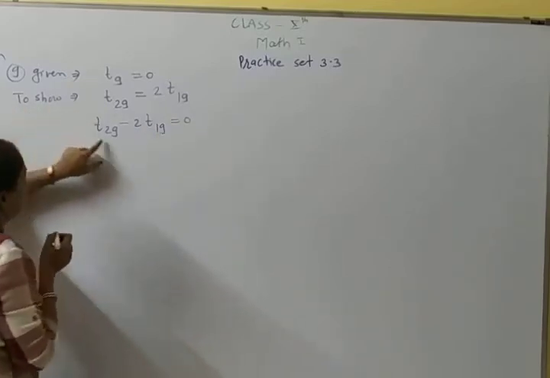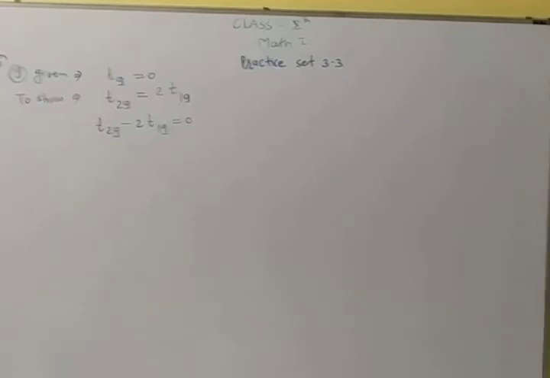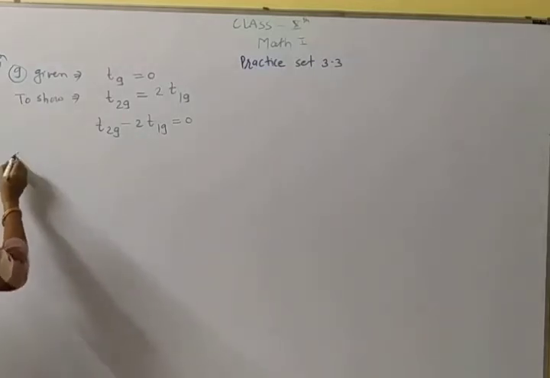Then to show that T29 minus 2T19 equal to 0.